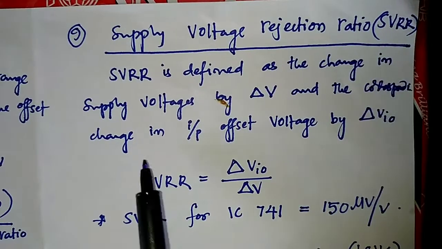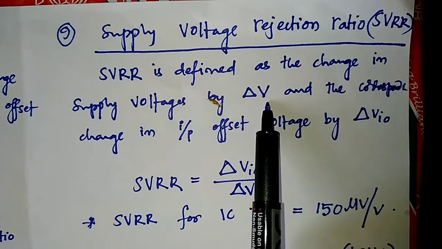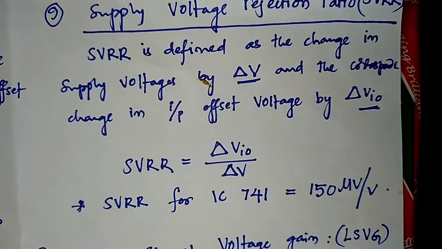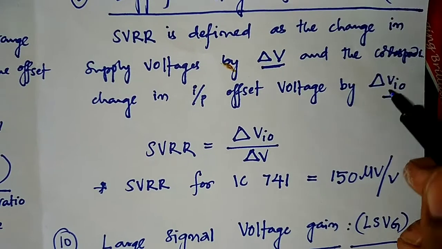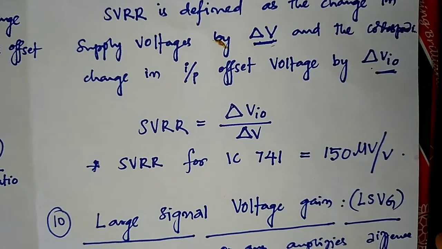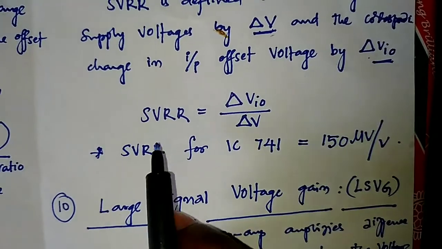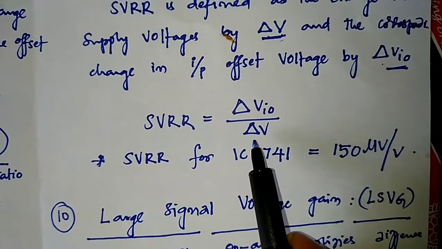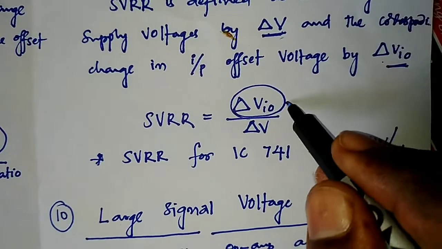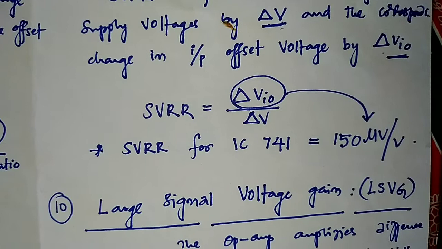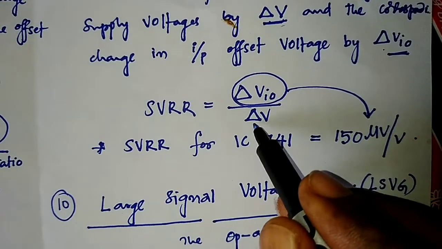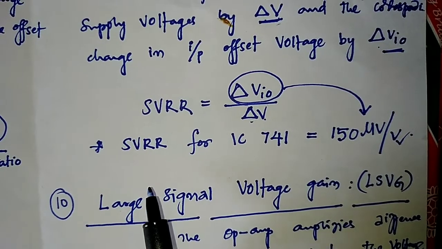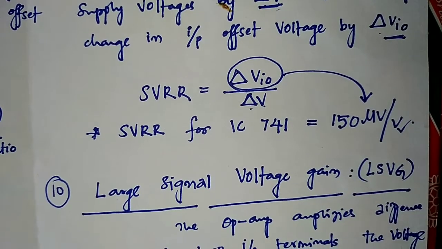SVRR is defined as the change in supply voltage, delta V, and the corresponding change in input offset voltage, delta VIO. It is defined as the ratio of the change in input offset voltage to the change in supply voltage. The offset voltage units are microvolts, and the practical value for the IC741 is 150 microvolts per volt. Delta V units are volts.